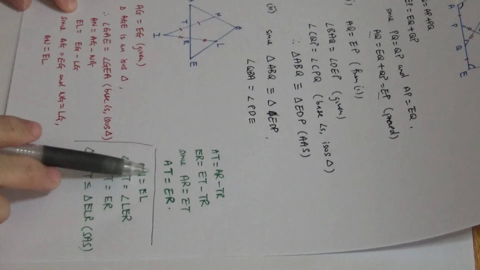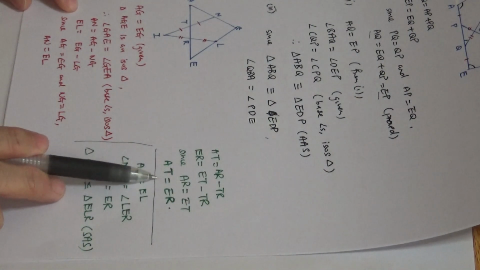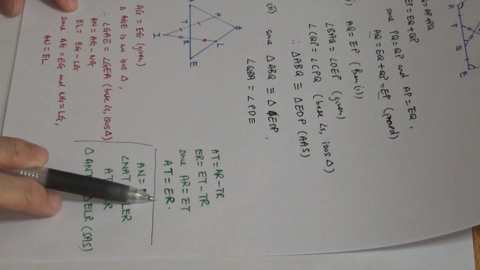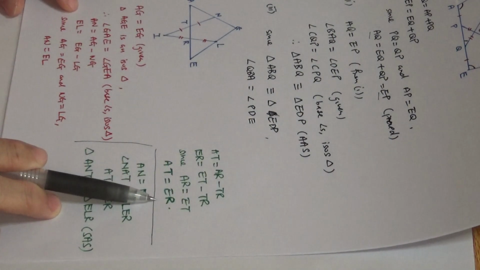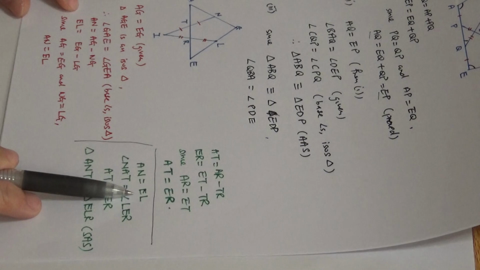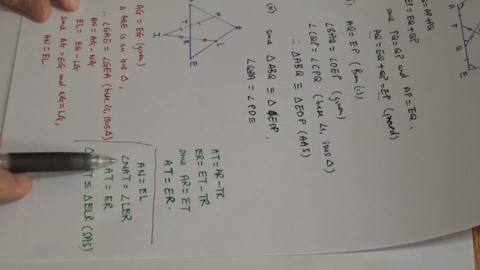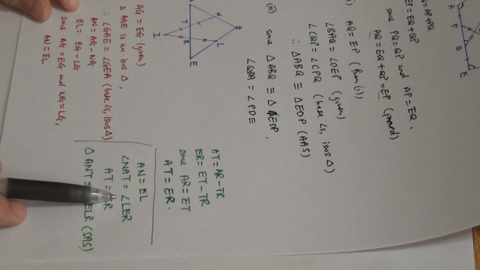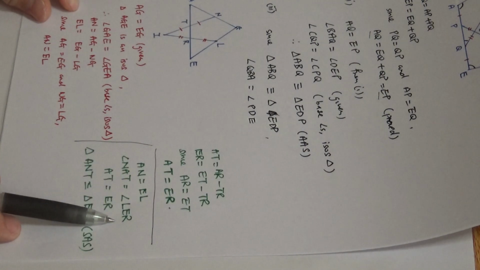the second part. We have already proven AT is equal to ER. We are supposed to prove that triangle ANT is congruent to triangle ELR. So AN is EL, proven. Angle NAT is equal to angle LER.